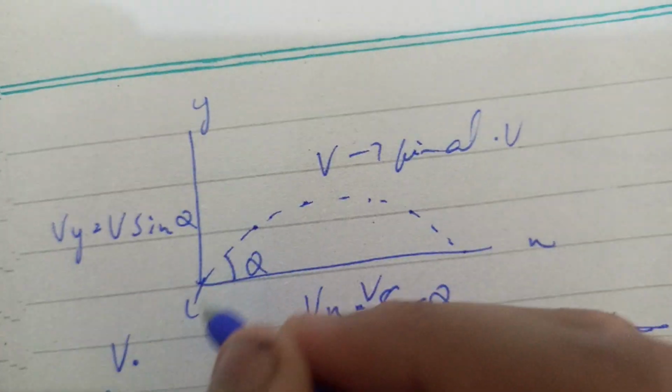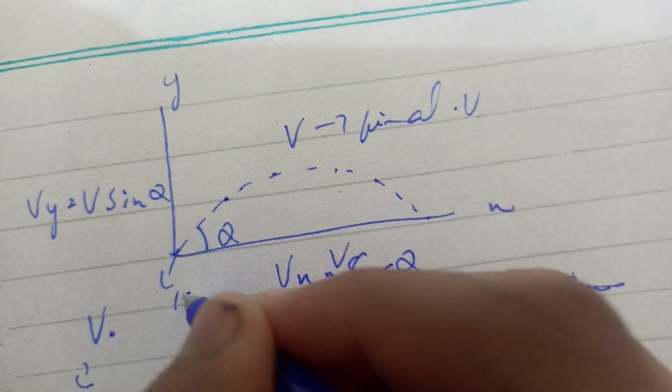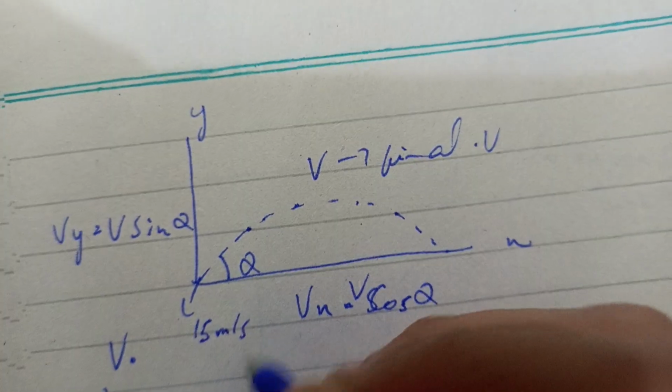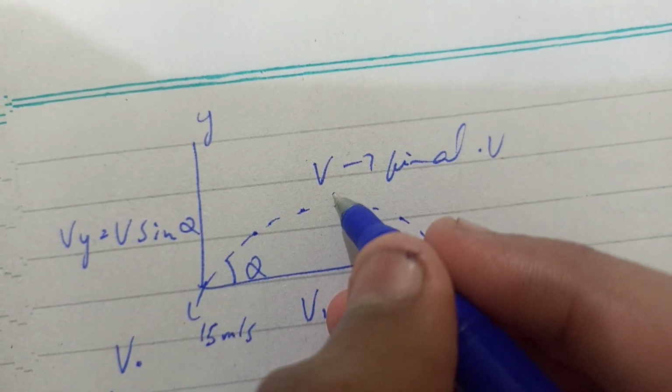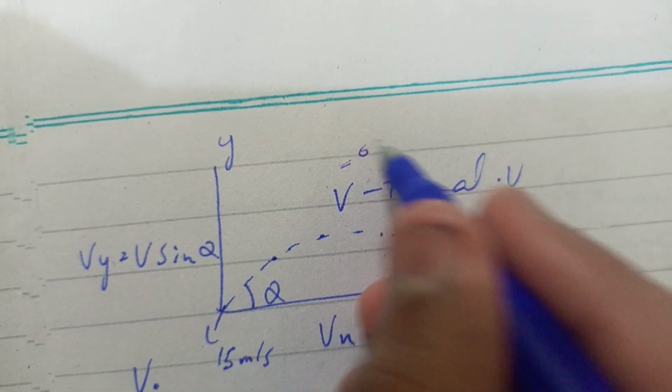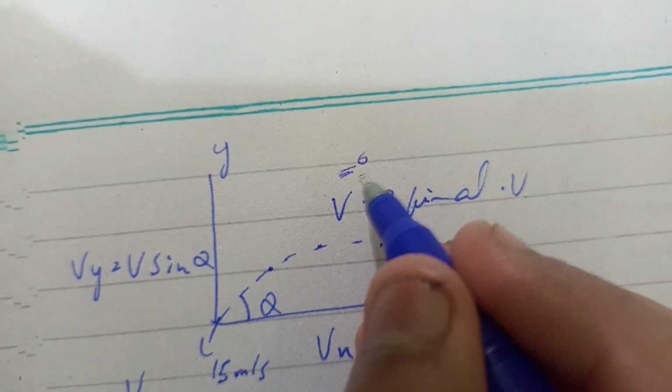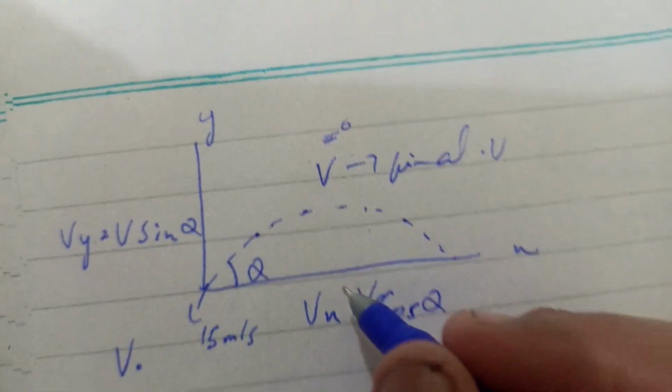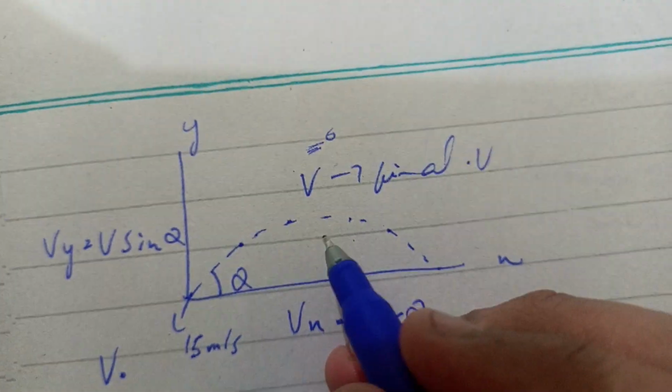Now the other thing we have to know is, for example, if I throw a ball with a velocity of 15 meters per second, and it goes in this direction, the velocity will become zero at the top. I have explained why it is zero in the previous video, so go and watch that video first, then come here.